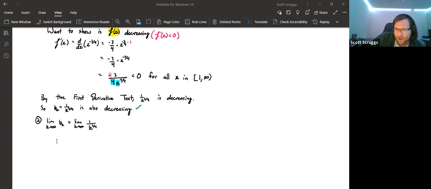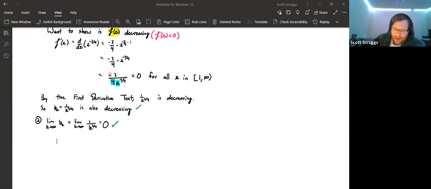The denominator is getting super large, the numerator is not changing at all, which means that the limit is 0. Which means condition 2 is automatically satisfied. So by conditions 1 and 2, I now know by the alternating series test that my series will converge.